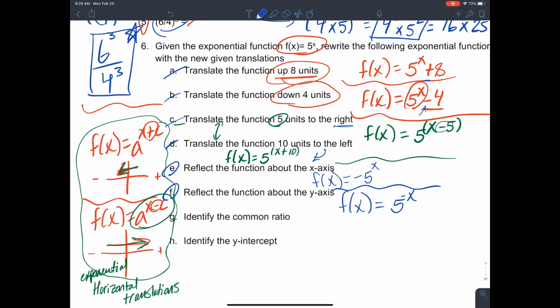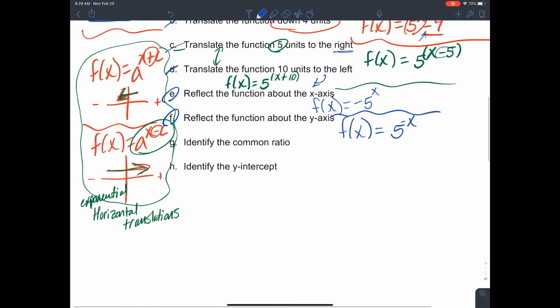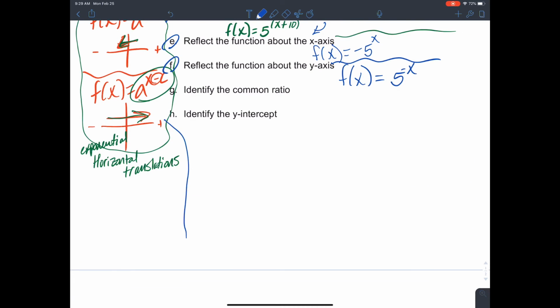Okay, identify the common ratio. Well, if our function here is f of x equals 5 to the x power, we were taught that f of x equals some number a times b to the x power, where a is our y-intercept.